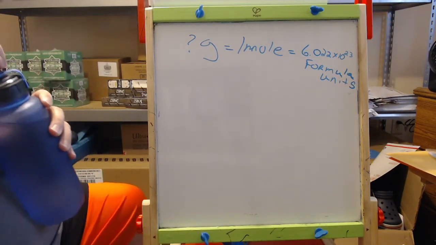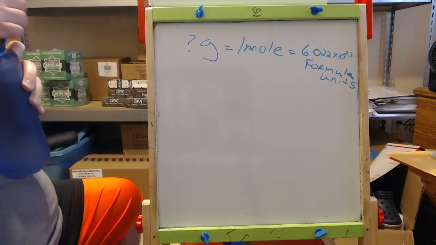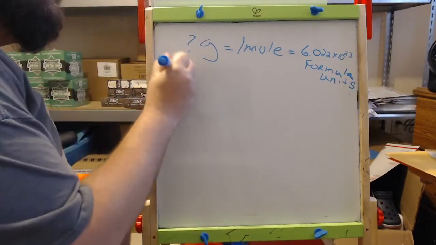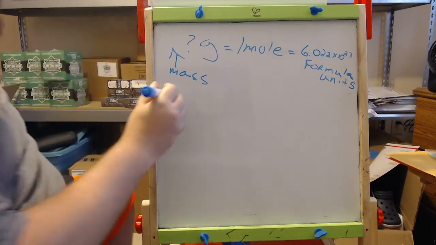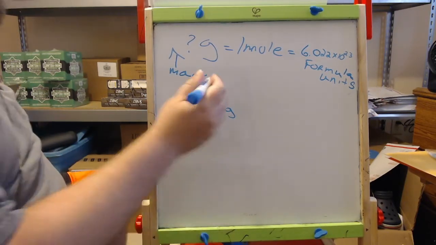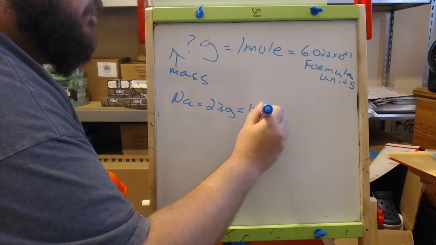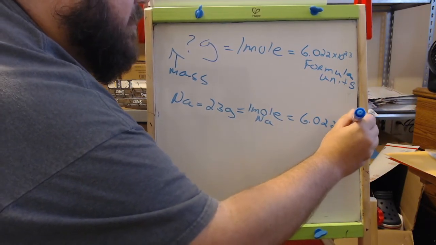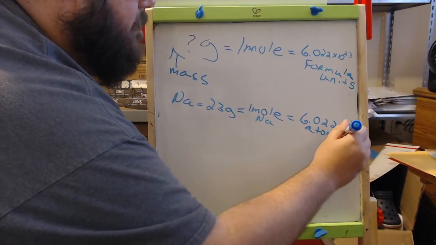All right. So how do I know the grams? Well, the grams is the mass of said substance. Okay? So if I look up sodium, for instance, on the periodic table, sodium is 23 grams. 23 grams is equivalent to 1 mole of sodium, which is equivalent to 6.022 times 10 to the 23rd atoms of sodium.